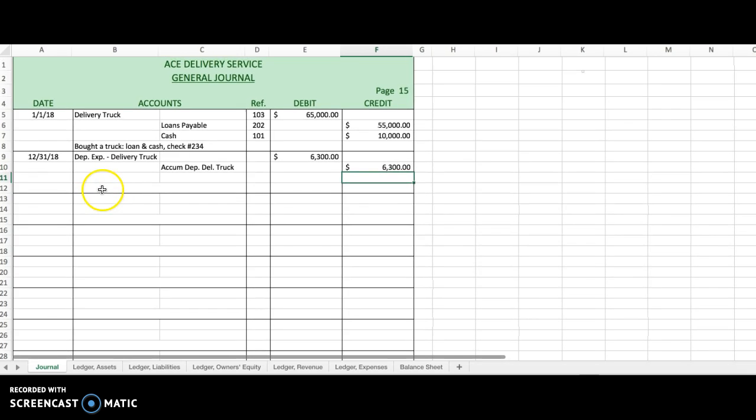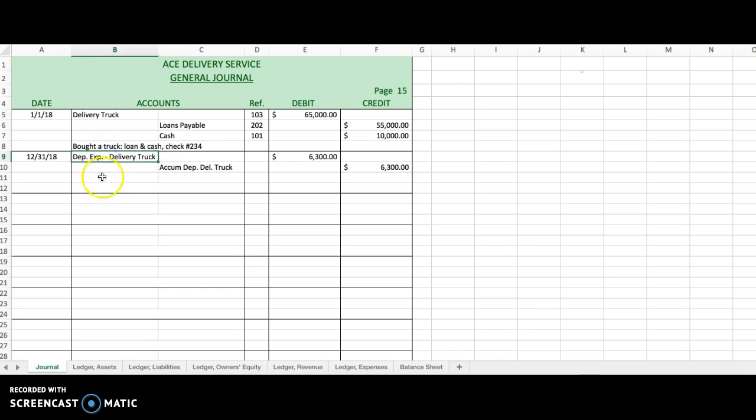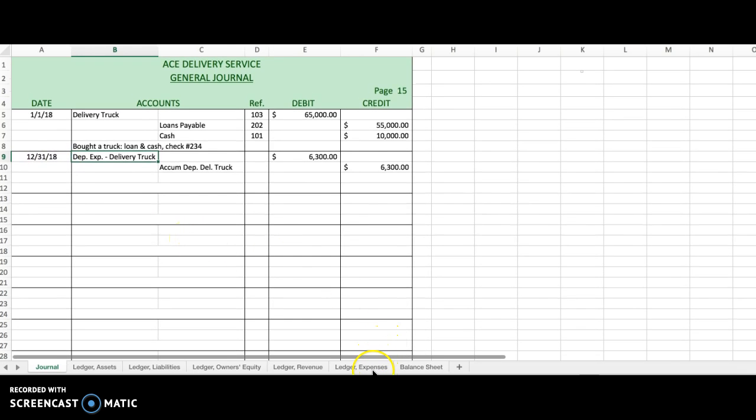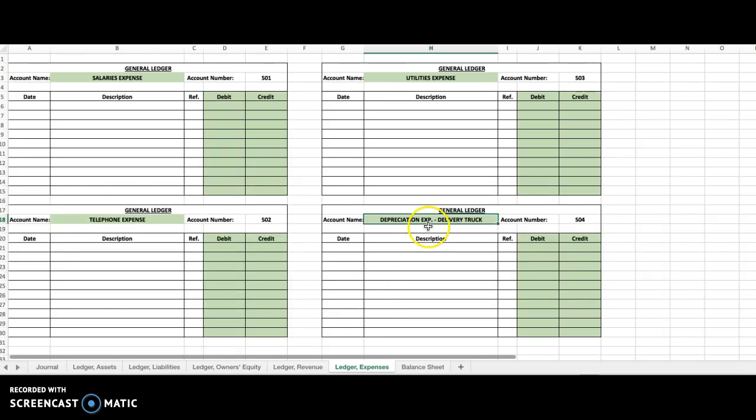Okay, let's post that. The debit goes to an expense, depreciation expense for delivery truck. Let's go to this new depreciation expense account. And that's debited by $6,300. As with all expenses, this will end up on our income statement.